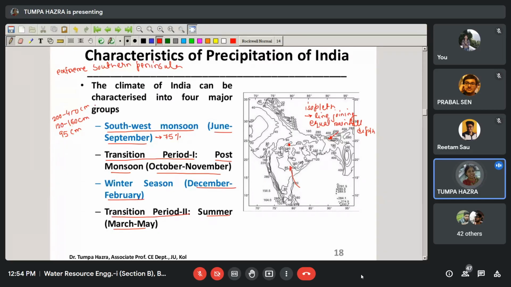I told you that because of the southwest monsoon, all over India there is rainfall except in the extreme southern peninsula and in the Jammu and Kashmir.